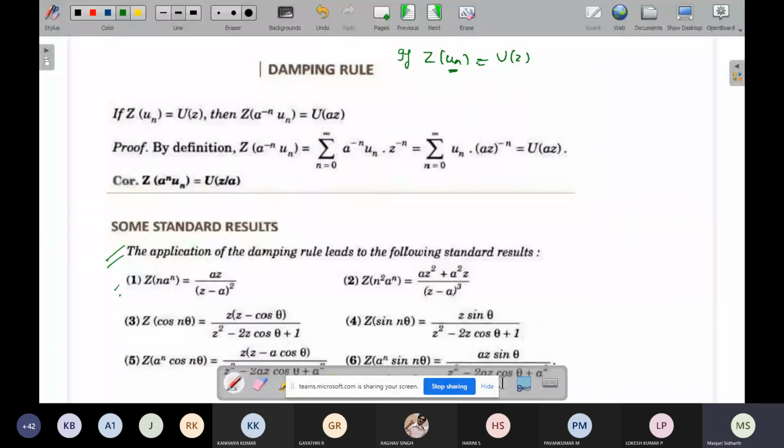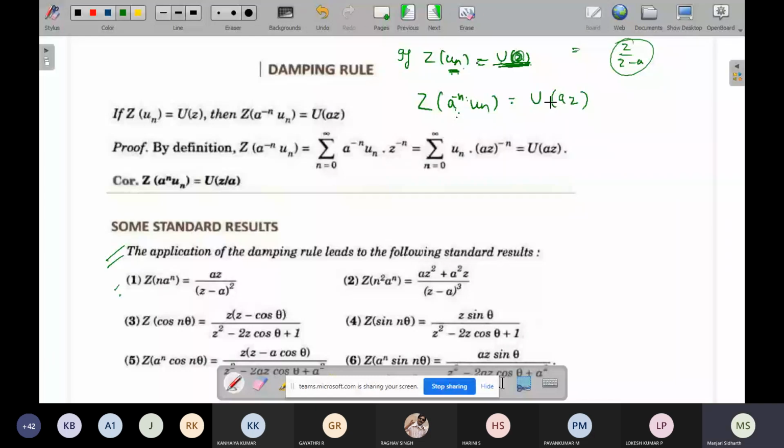Then if this u_n is multiplied with a power minus n, where a is any scalar, we know U(z), we know u_n, but if u_n is multiplied with a negative power of a, then this U(z), suppose z over z minus 1, a function of z, the small z will be replaced by az.